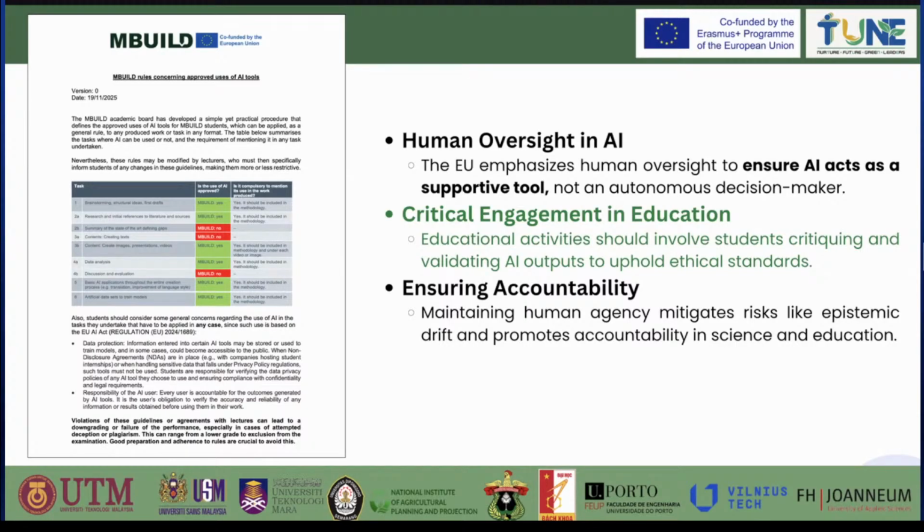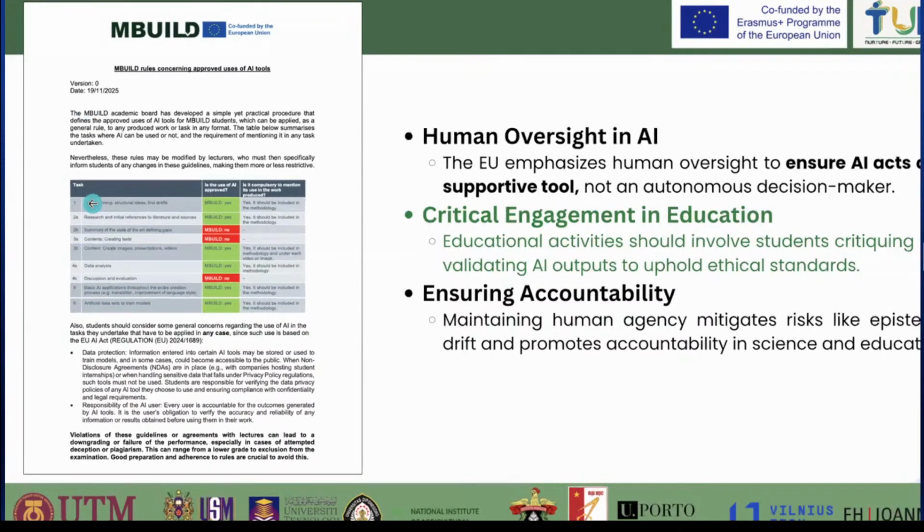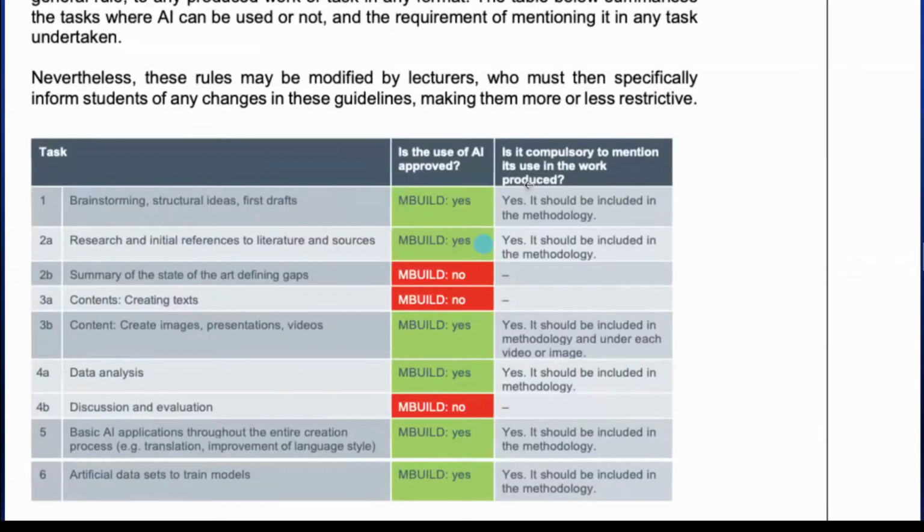So what you see over there is a very basic guideline for use of AI. It's tiny, I'm sorry. You can zoom in on your own computer. Basically, in my course, it's okay, and we don't have to tell anyone anything, if we're using it for brainstorming.